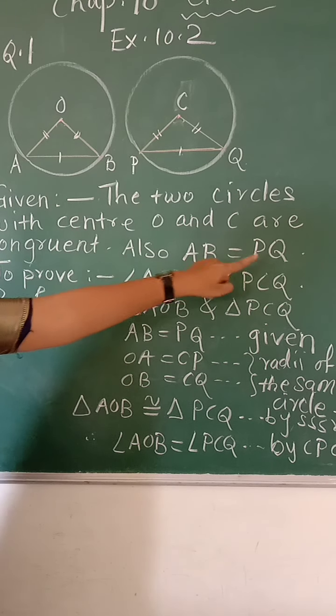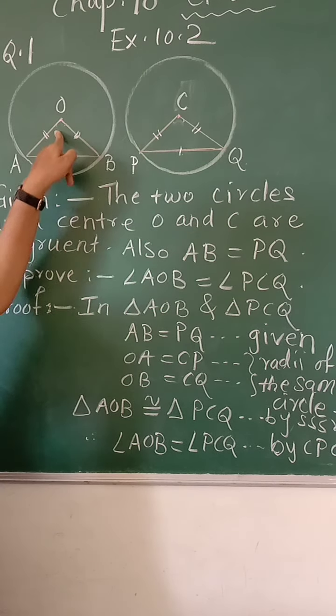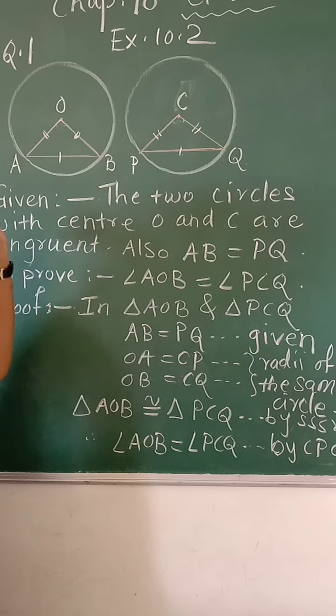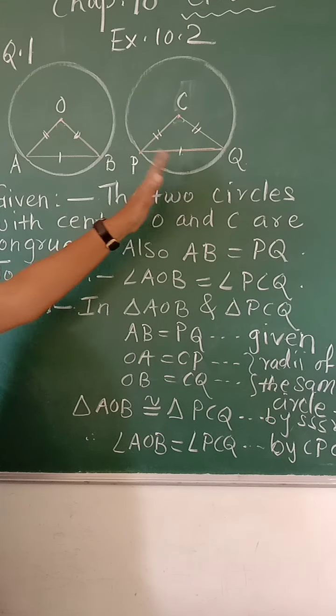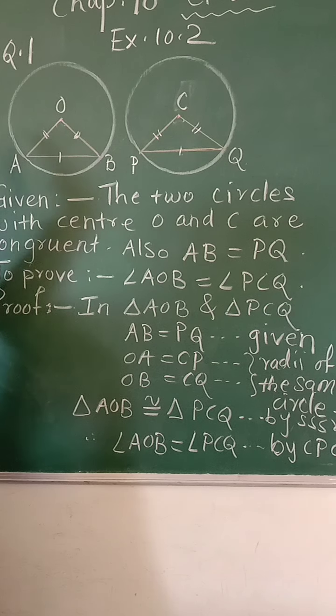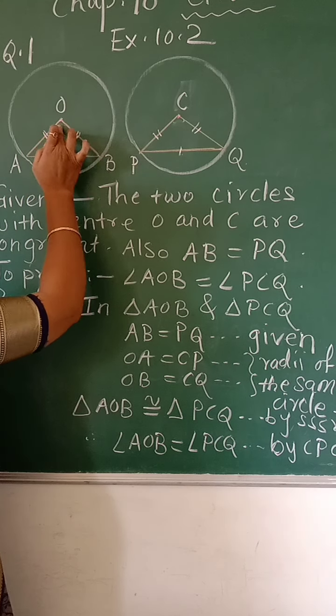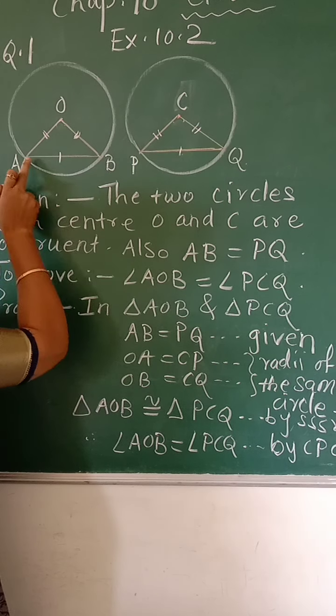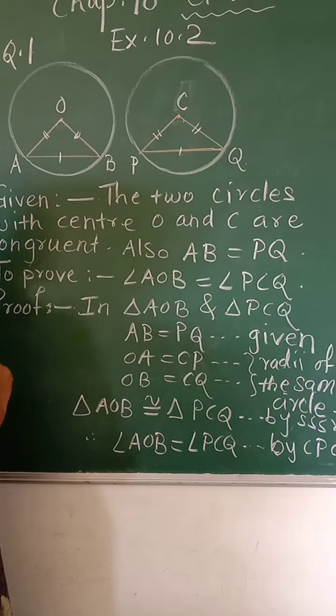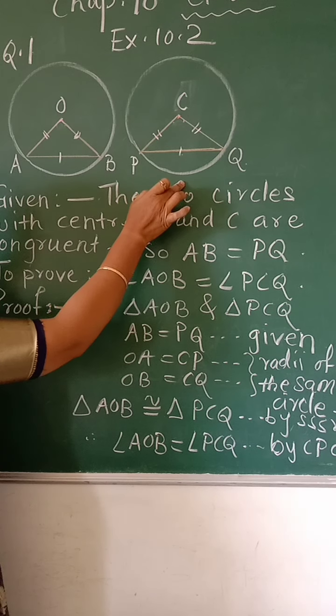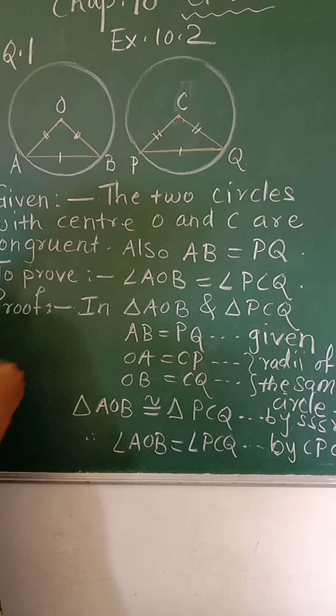The chords are given equal and we have to show the angles subtended at the center by these two chords of two congruent circles are equal. Now in question number 2, the angles subtended by these chords are given equal and we have to show the chords of these two congruent circles are equal. So vice versa we have to prove here.